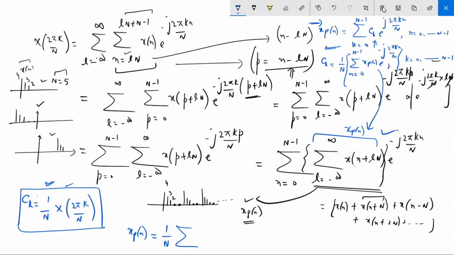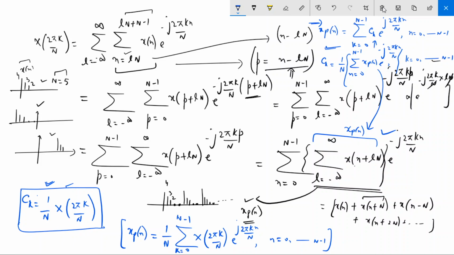So in place of ck, you can write it now as x of 2 pi k by n multiplied with e raised to power j 2 pi k n by n, where n is from 0 to n minus 1, and this range is for k from 0 to n minus 1.